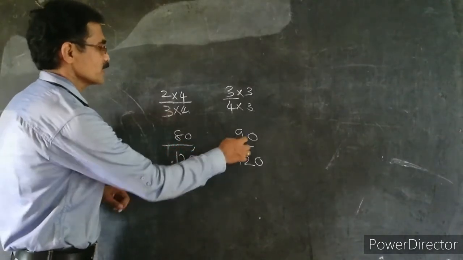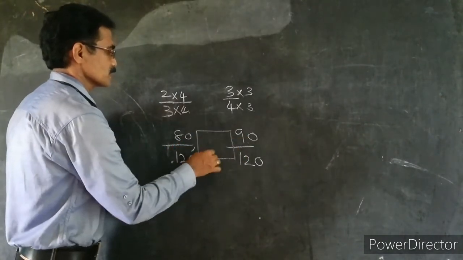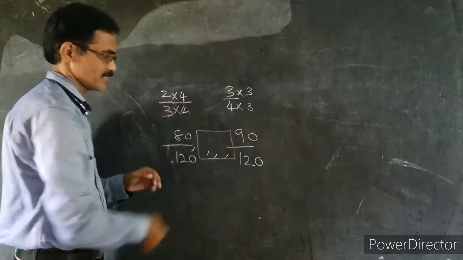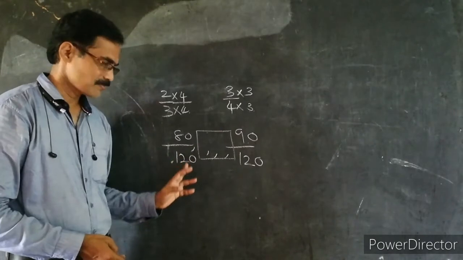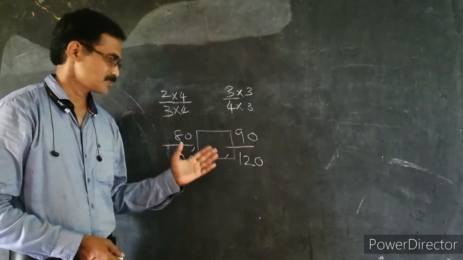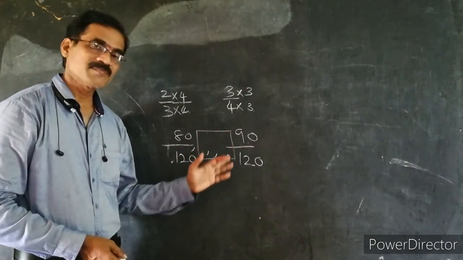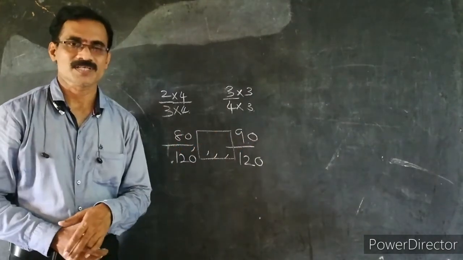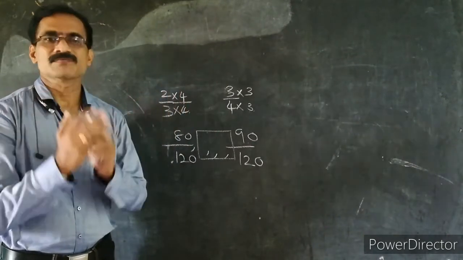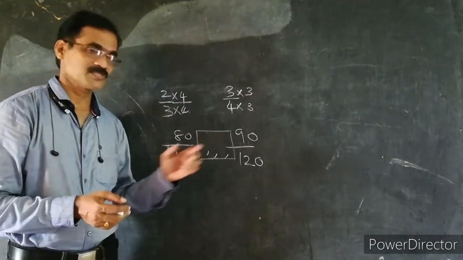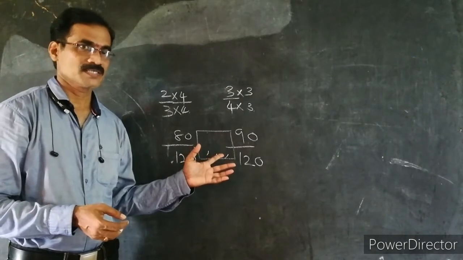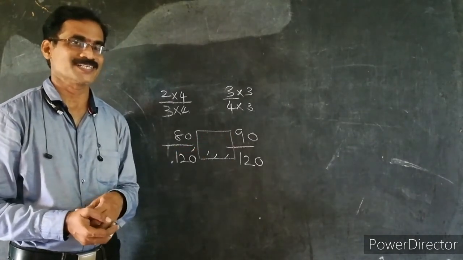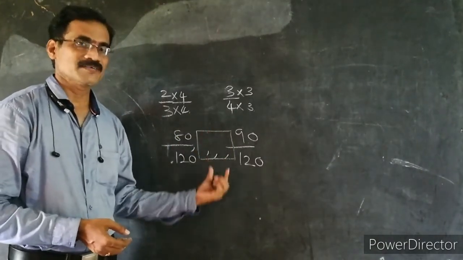Now between 80 and 90 you can write any 3 rational numbers. What are they? 81 by 120, 82 by 120, and so on, up to 89 by 120. Between 80 and 90 you will get 9 rational numbers, so you can write any 3 of them.